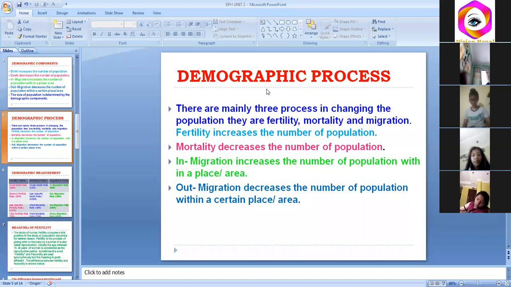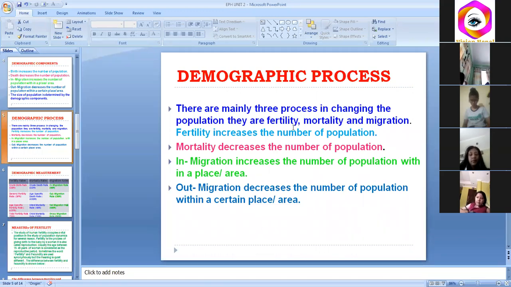In migration, in-migration increases the population within a particular area, where people come in from outside, while out-migration, where people go outside, decreases it.